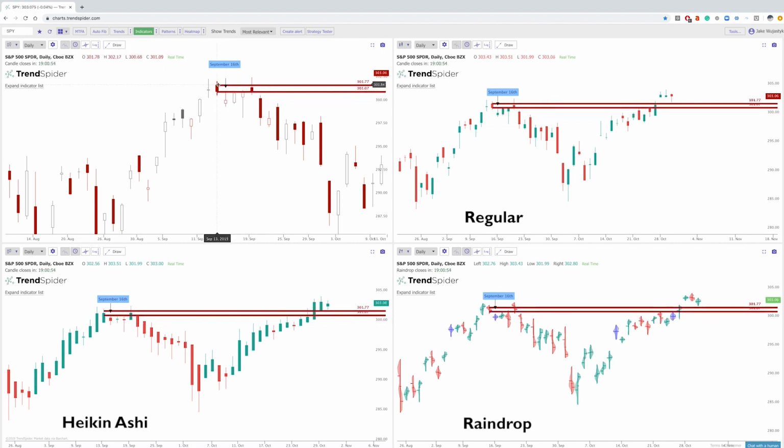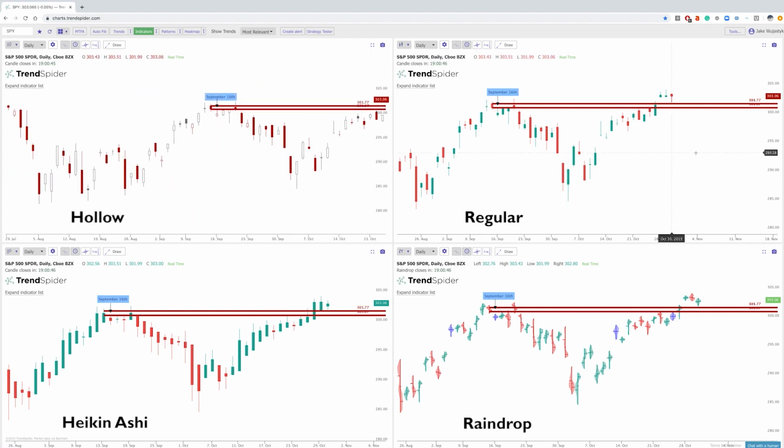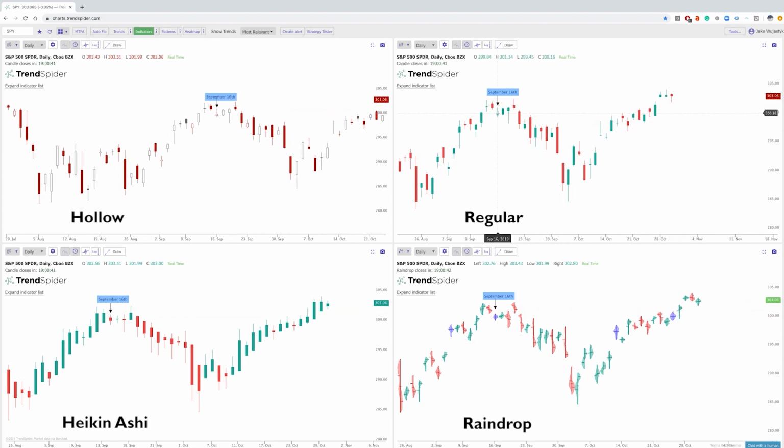So it's like closing the window and pulling the window shade down. So when you compare that to this particular instance here on the regular candle, this is green because it's not taking into account any part of this candle, not taking into account if it's lower or higher or whatever. In this particular case, it's green because the close was higher than the open.